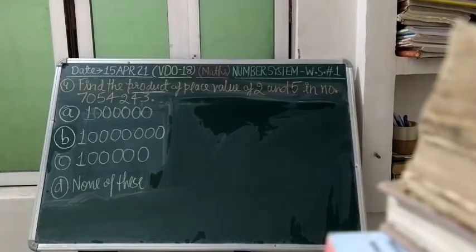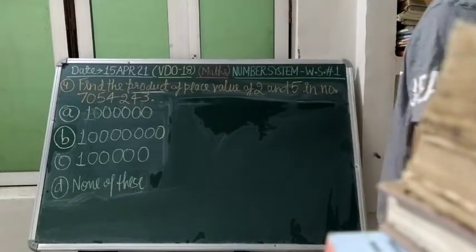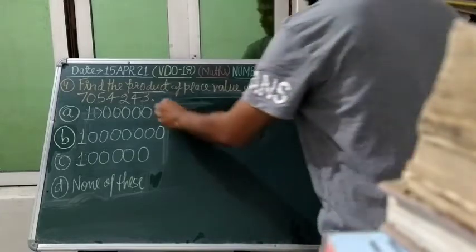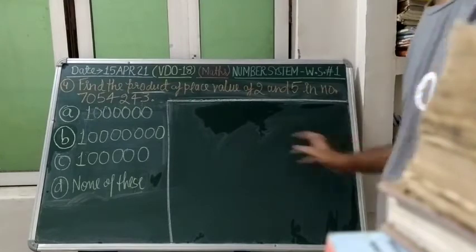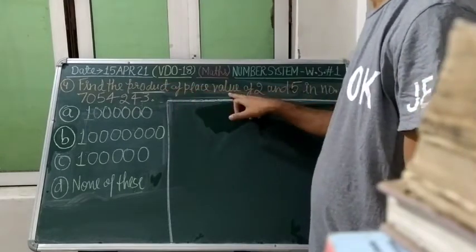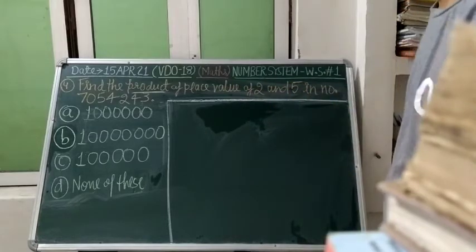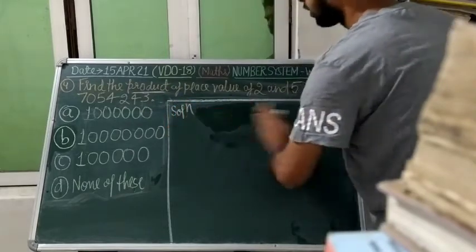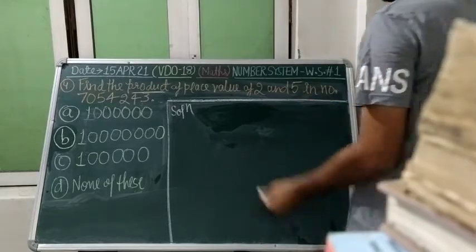Now come to the fourth problem. The fourth problem is asking us to find the product of the place values of 2 and 5 in this number. So what will we do? First we will find out the place values of 2 and 5 in it.